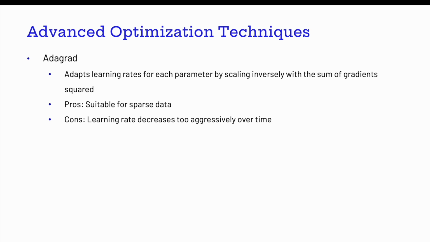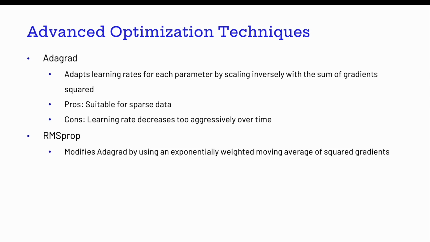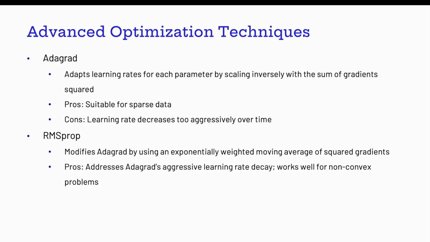The con is that its learning rate decreases too aggressively over time. Next, we have RMSprop, which modifies AdaGrad by using an exponentially weighted moving average of squared gradients. The pros are that it addresses AdaGrad's aggressive learning rate decay and works well for non-convex problems.